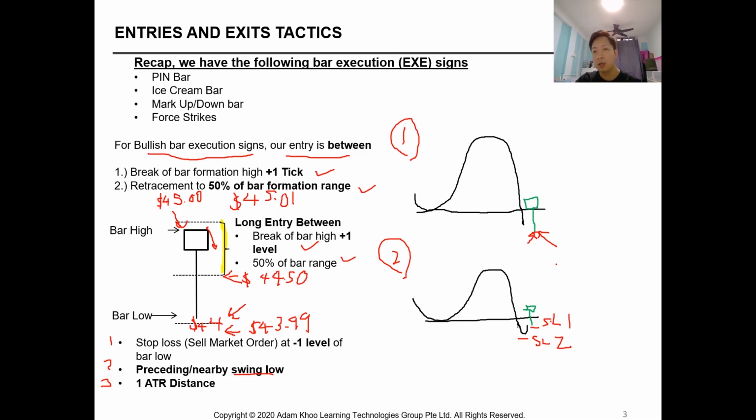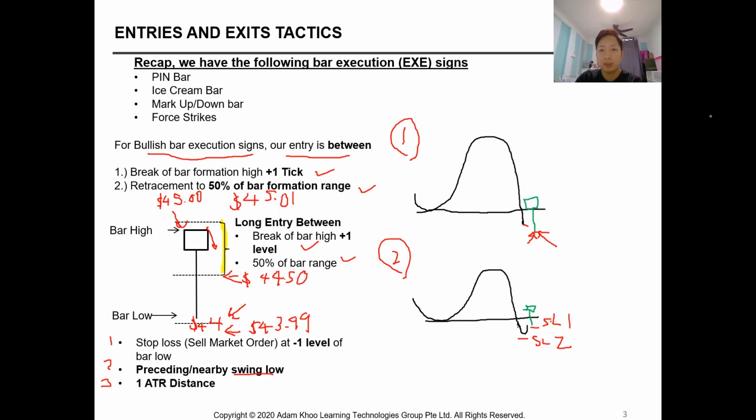So notice that if the EXE forms at the low here, the stop loss will be the -1 tick and also the preceding nearby swing low. However, if the EXE closes above the swing low, stop loss 1 and stop loss 2 will have a different kind of stop loss placement.